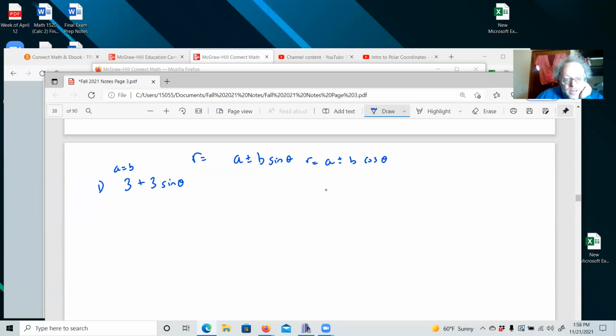What are we going to see here? What I would like you to do is to graph this. So our step one, actually let's do this. This will be step one: graph on an r-theta Cartesian coordinate system.